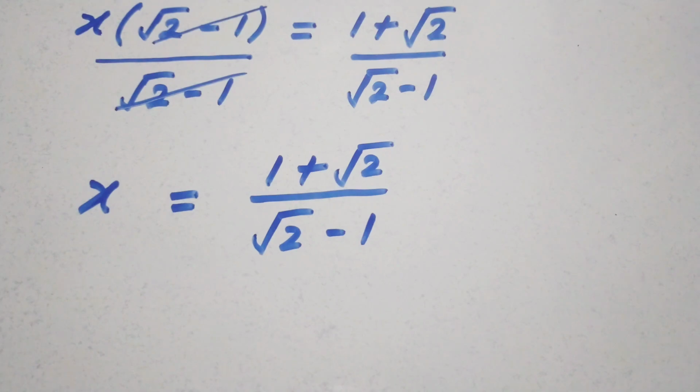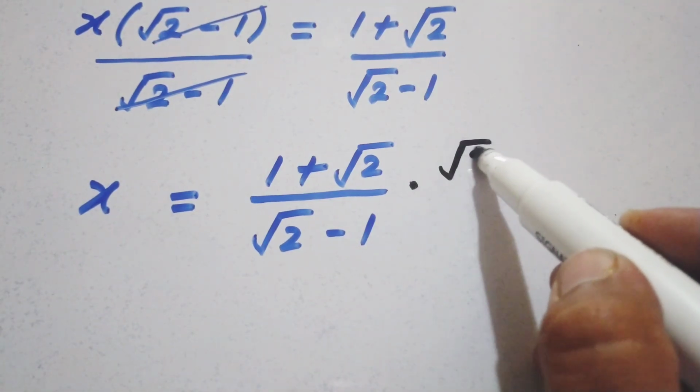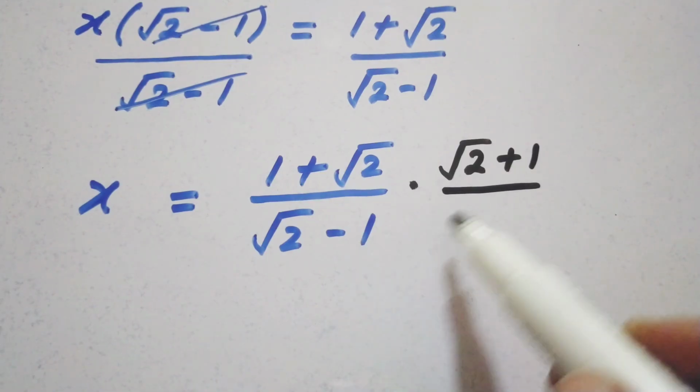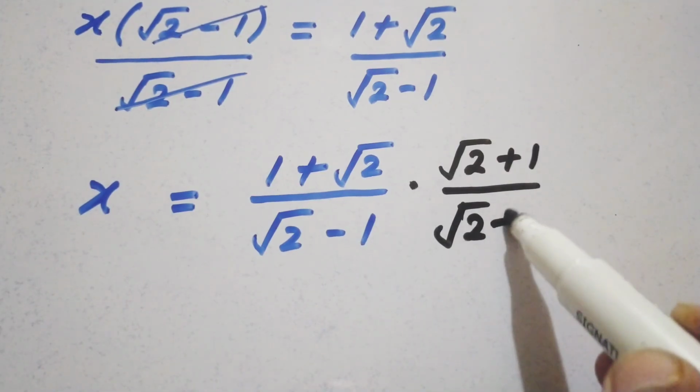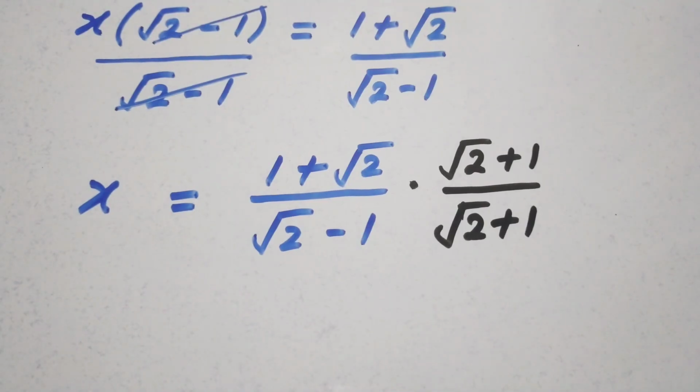Now by taking the conjugate, the conjugate of this number, square root 2 minus 1, is square root 2 plus 1. So by multiplying and dividing by its conjugate, square root 2 plus 1 and square root 2 plus 1.